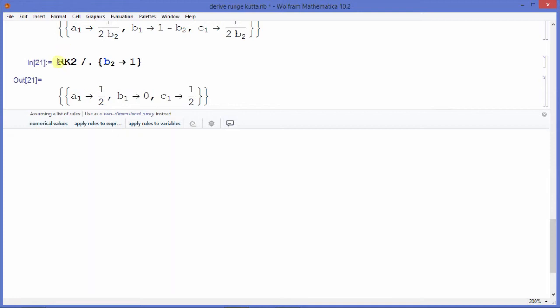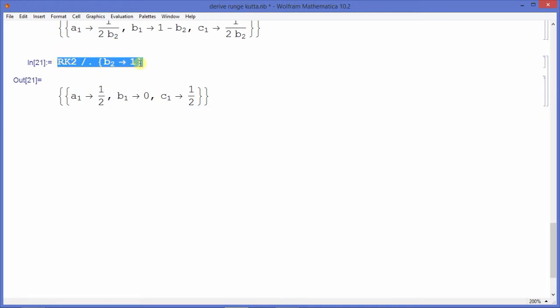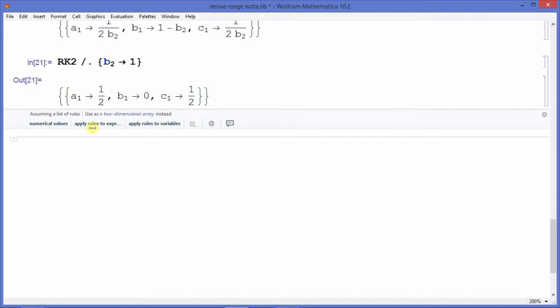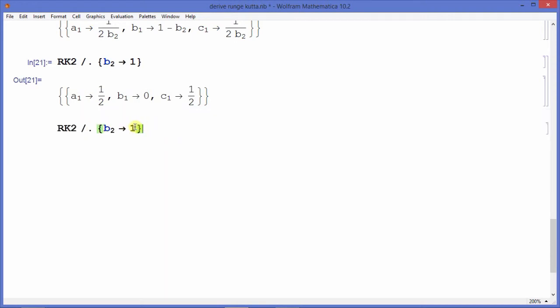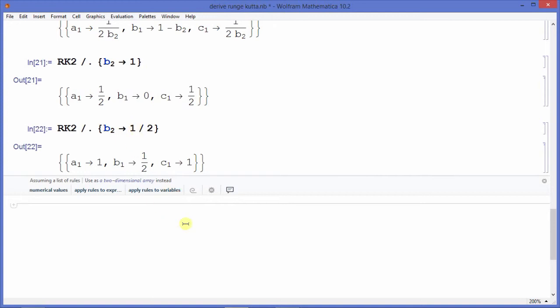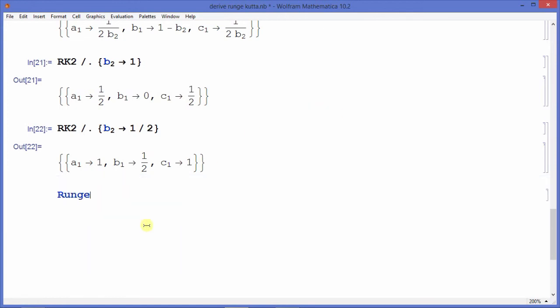Or we could do it where b2 is equal to a half. We get another method. So really all these methods in a way are pretty much equivalent. They're all second order accurate. And RK stands for Runge-Kutta. These are German names, so it's not Runge, it's Runge.